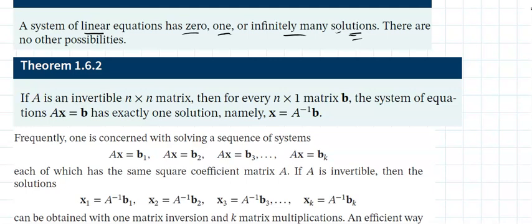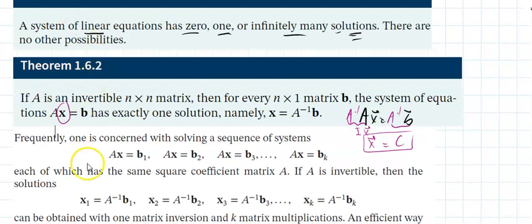So if I have Ax = b, I could multiply by the inverse of A on the left-hand side of each side of the equation. Well, this will give me the identity matrix, and the identity times any vector or matrix is the vector, and this will give me x, and that will give me the solution to the original variable that I'm looking for.